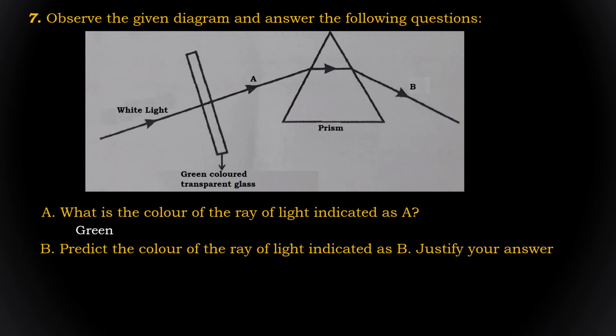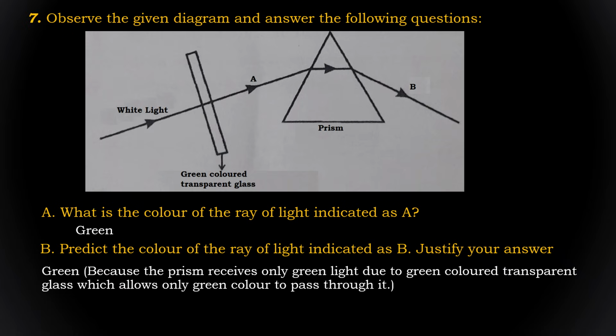It is not getting scattered because the light which has entered the prism is green. Since it is green, it will not be scattered. So B is also green, because the prism receives only green light due to the green color transparent glass, which allows only green color to pass through it. I think you are clear with this. Let's go to the next question.